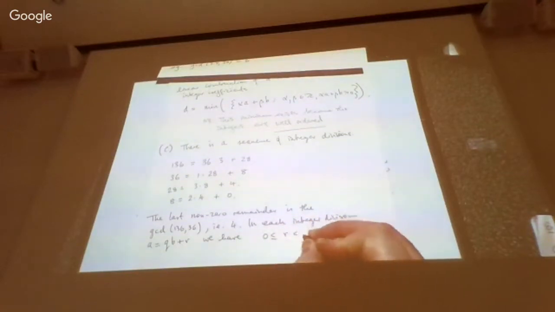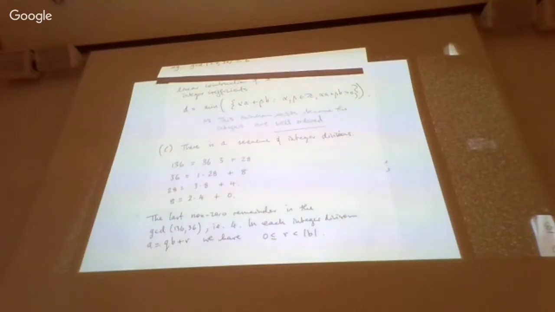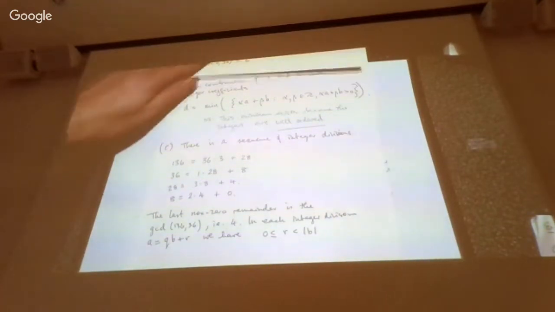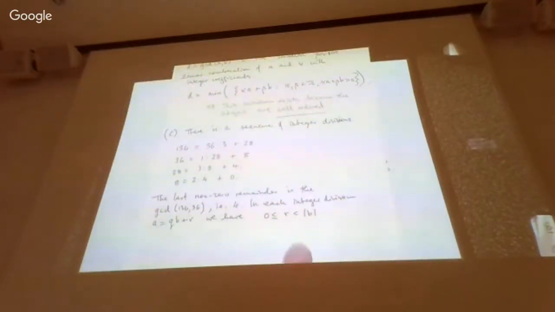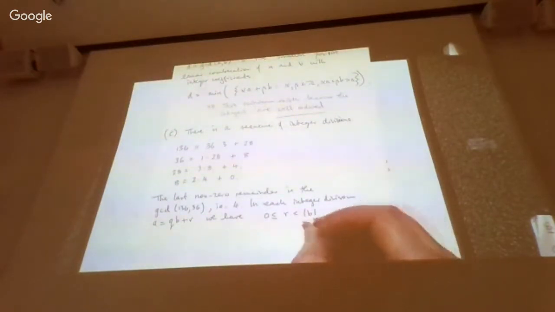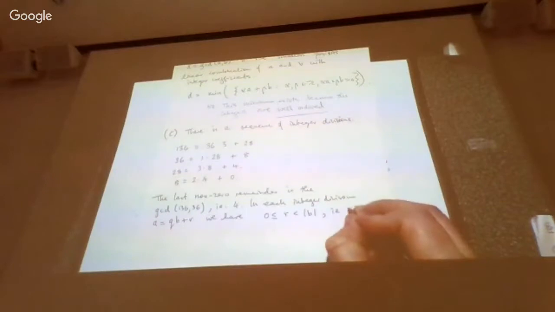The remainder is always strictly smaller than the absolute value of B. B might have been negative at the beginning. It can handle negative numbers. But the point is, this remainder is smaller than B.